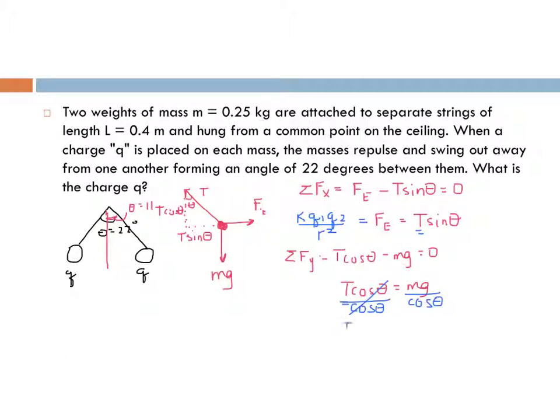So T is equal to mg over cosine theta. Now I'm going to plug in this entire equation for T over here. So T is mg over cosine, and sine is already there. You should notice that this becomes mg tangent theta.